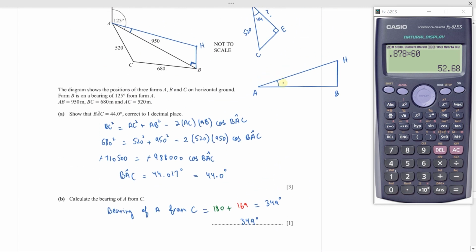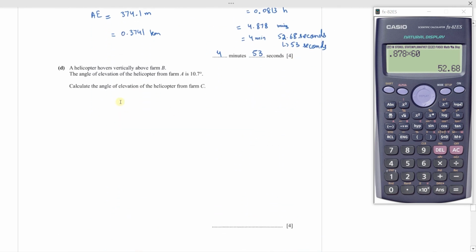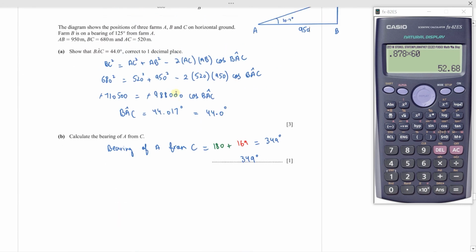Your distance between the two farms A and B is 950 meters. So now you have to find the angle of elevation of the helicopter from farm C.